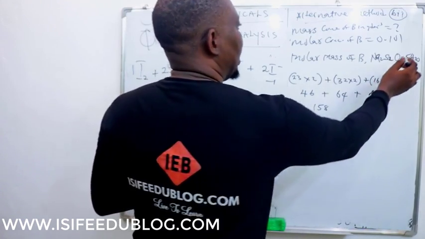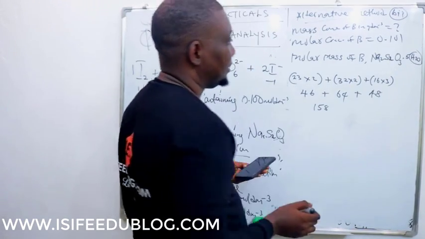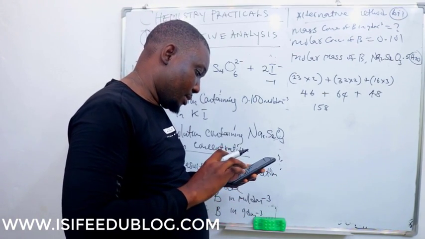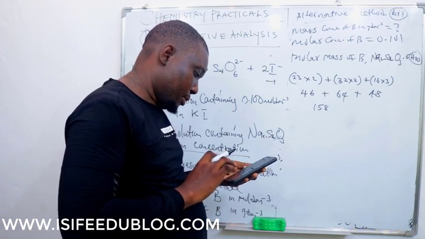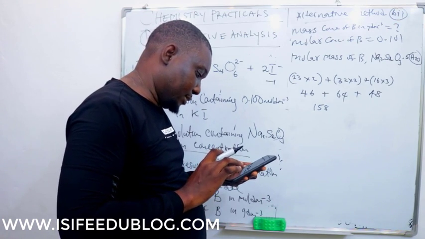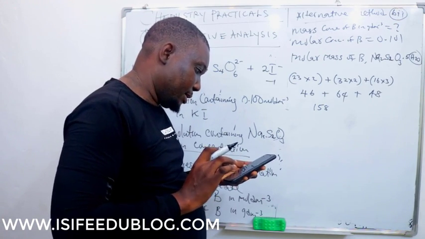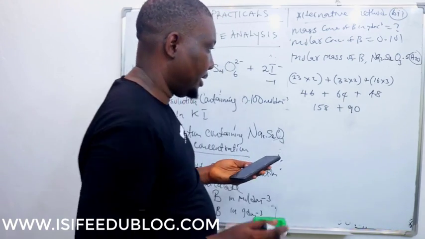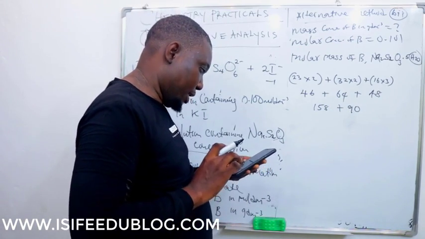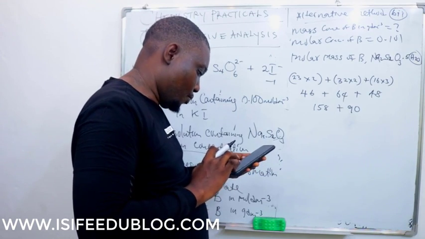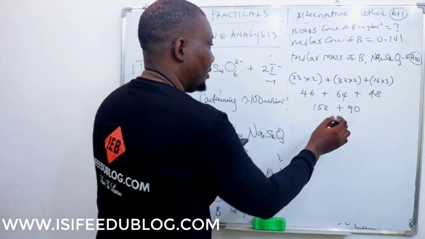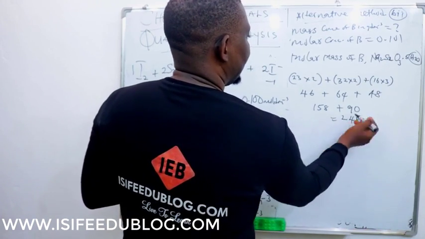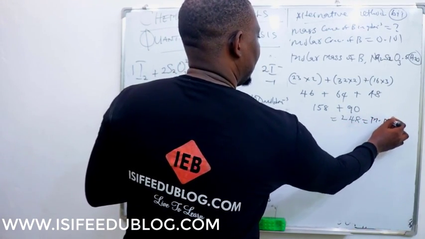Remember that 1 mole of water is 18, so 18 times 5 molecules of water gives me 90. So I'm adding the 90 of water to the 158. That's giving me 248. So that's the molar mass of B.